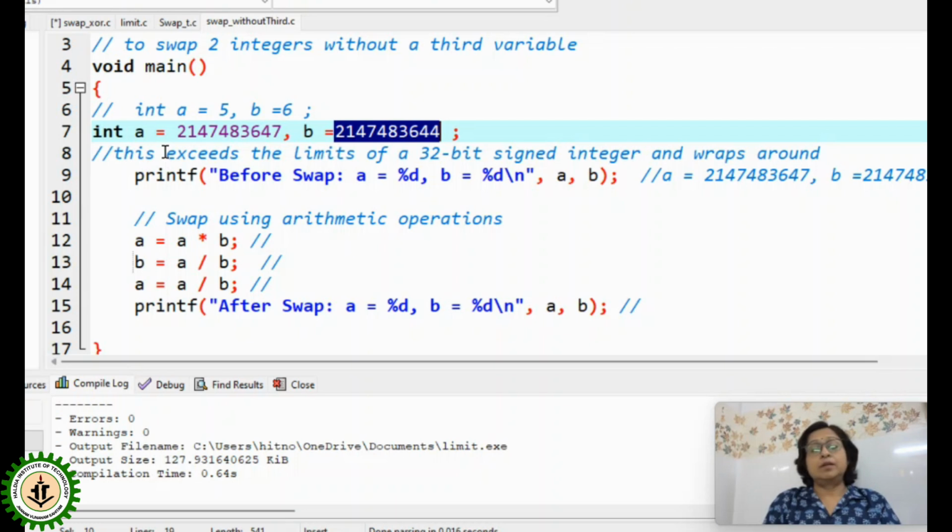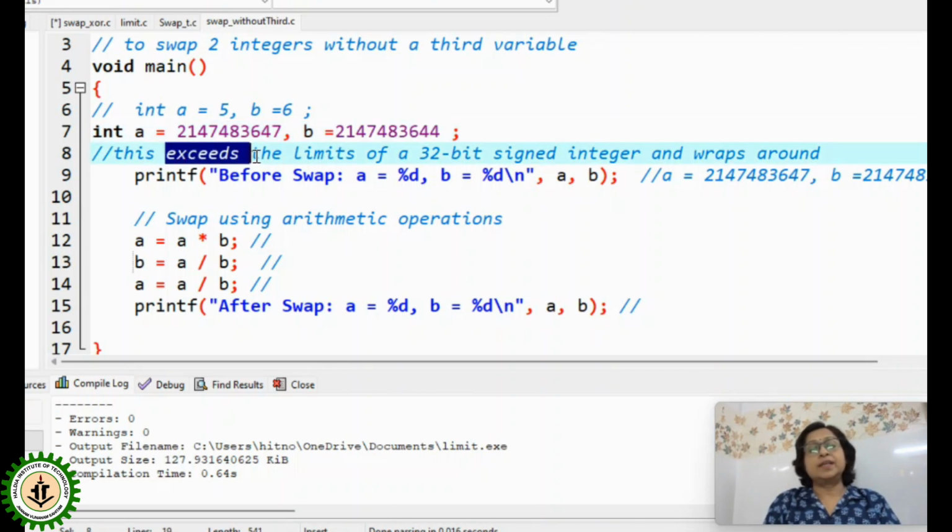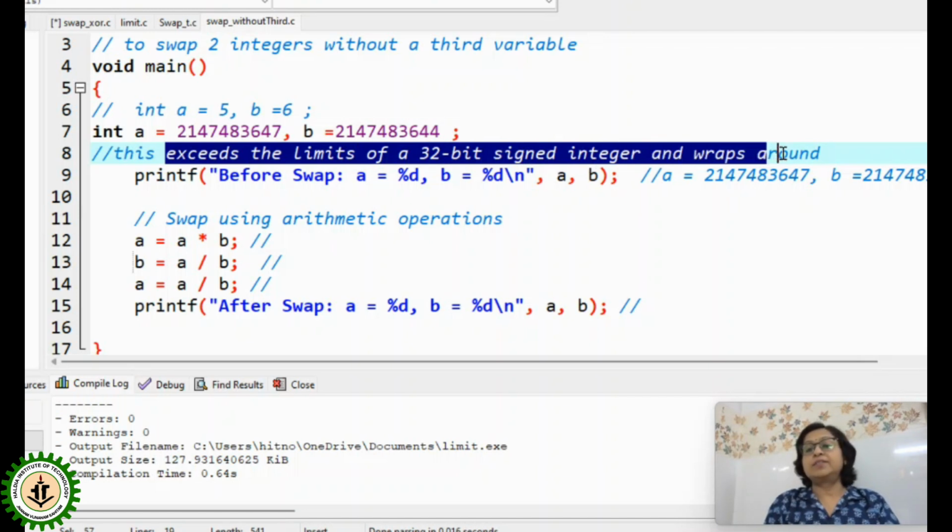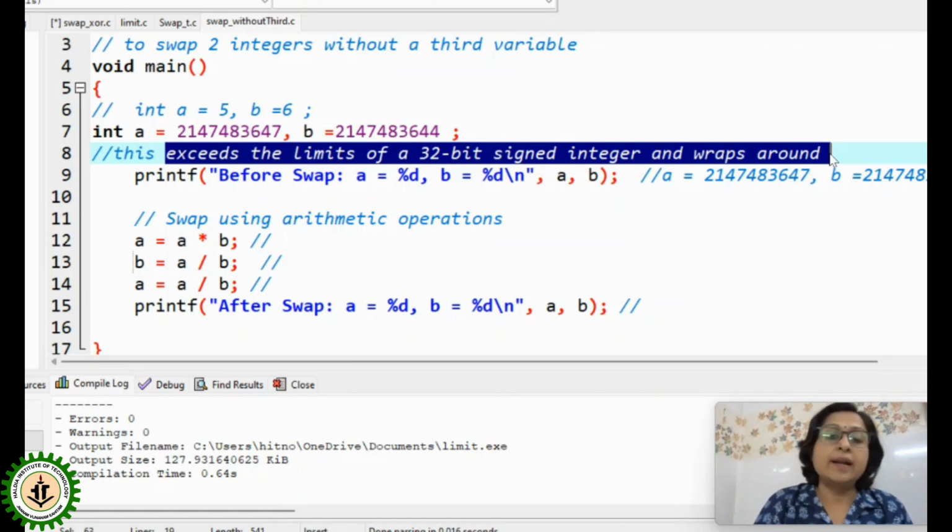Basically, this range issue is exceeding the limit of a 32-bit signed integer, and it wraps around, and some other values are calculated. If I take these two numbers and multiply, a huge number comes which does not lie within the range, so it wraps around and some other values are assigned.